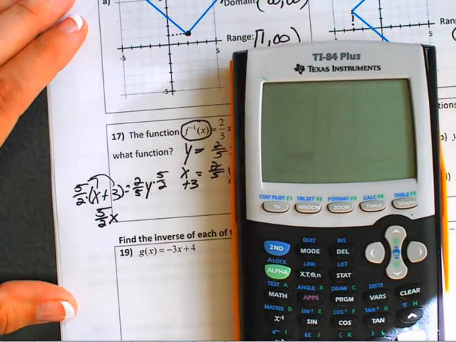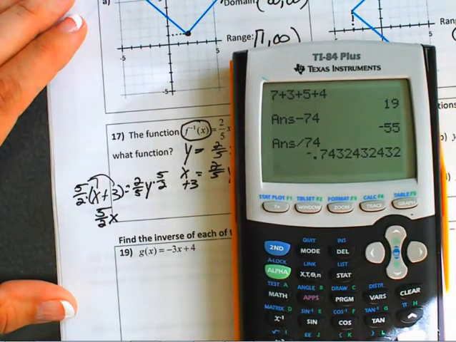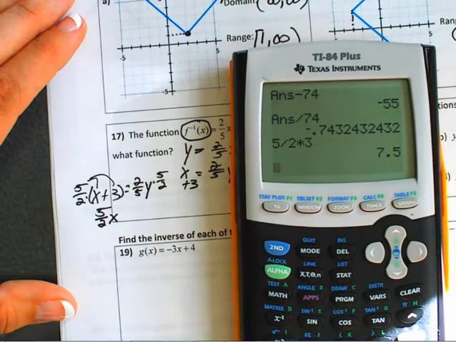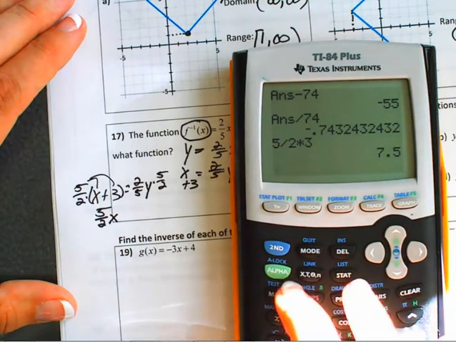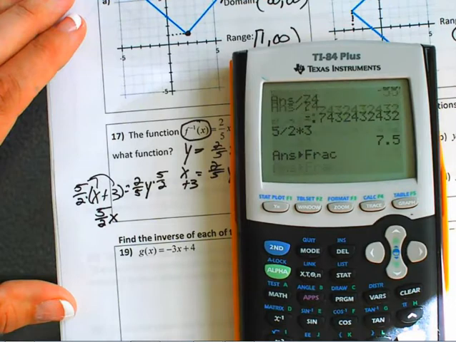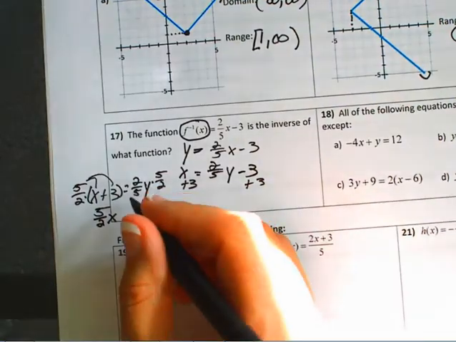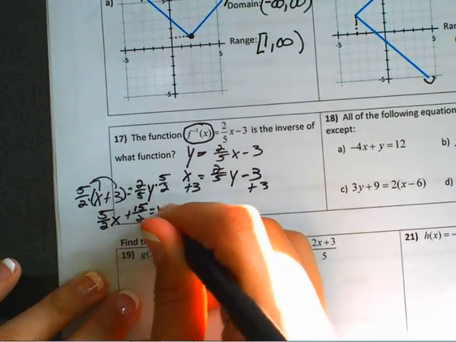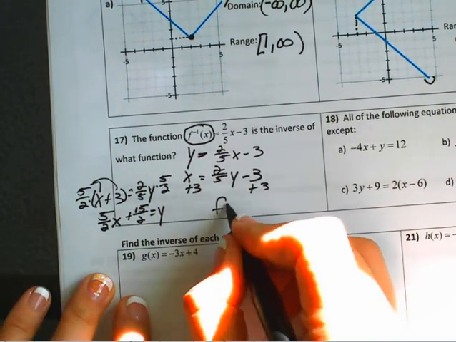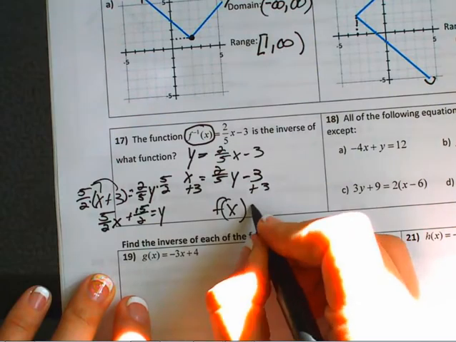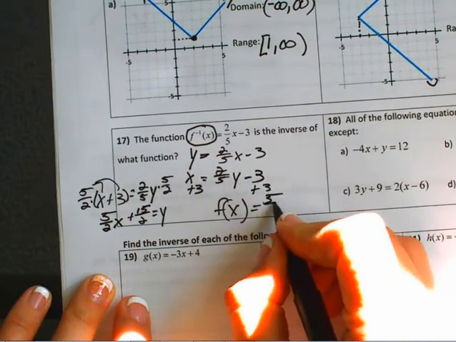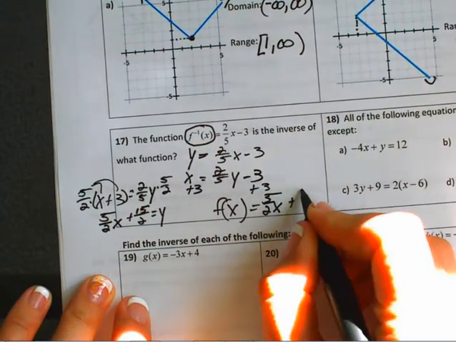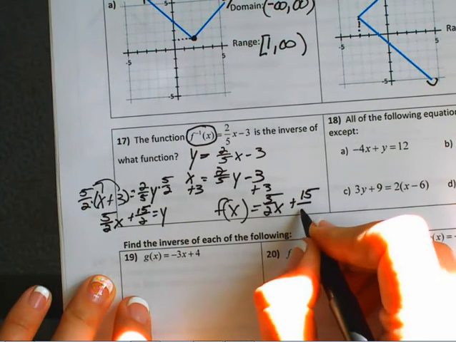Put that in the calculator. 5 divided by 2 times 3 is 7.5, or as a fraction, if you do math enter, it's 15/2. So plus 15/2 equals y. So the original function would have been f of x equals 5/2x plus 15/2.